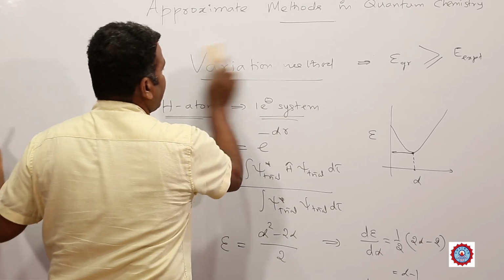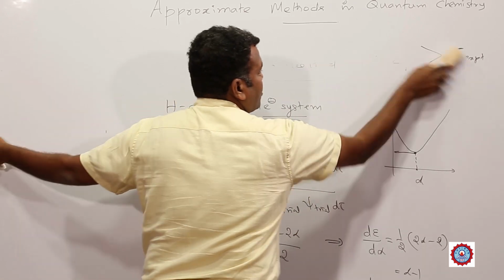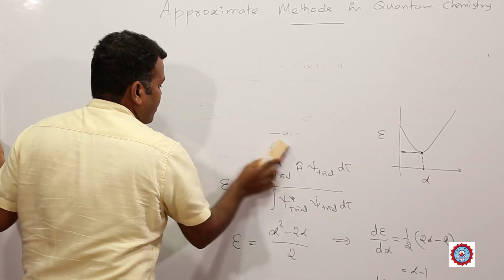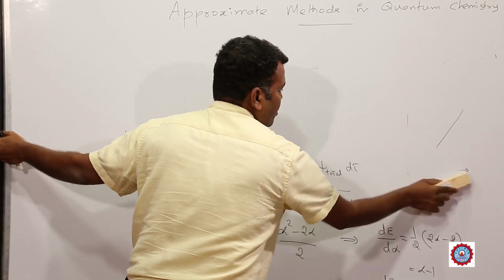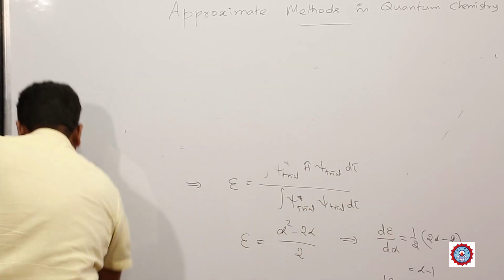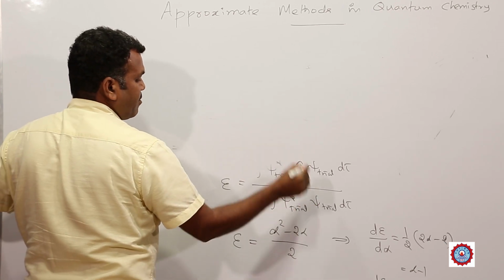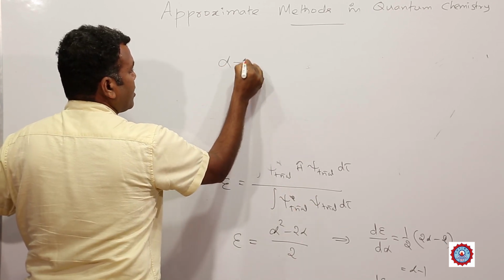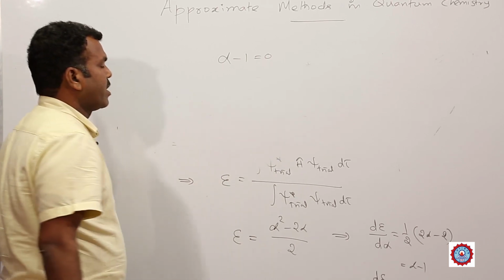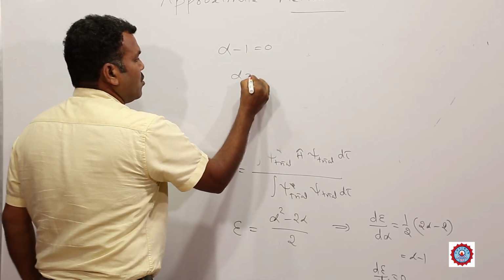If you put dE by d alpha as 0, we should substitute alpha minus 1 equal to 0, and we will get alpha as 1.